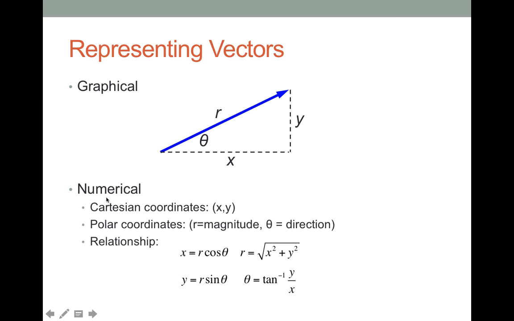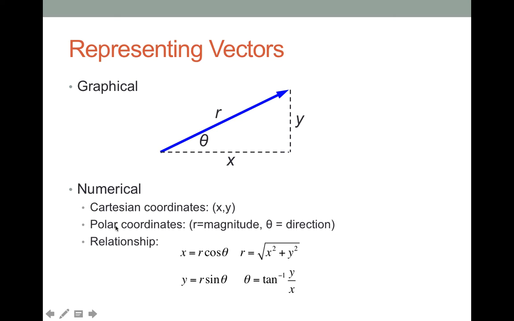We can also represent them numerically by giving the coordinates of the endpoint. This is often called the tip right here, and this is often called the tail because it's literally an arrow, and this is the tip of the arrow, and that's the tail of the arrow. And we can give the x coordinates and the y coordinates of the tip, and those are basically the components of the vector.